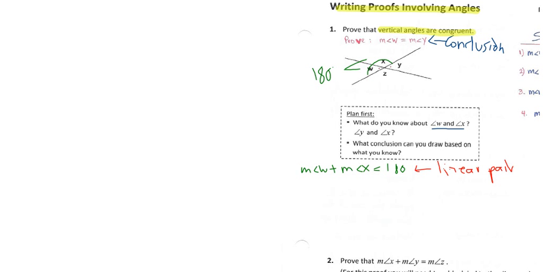Next we take a look at the second question, which is, what do you know about angle Y and angle X? If we take a look at these two angles in the diagram, angle X and angle Y, they form this other line, which makes them again a linear pair, and therefore they also add to 180. I'm going to mark here in the diagram with blue.